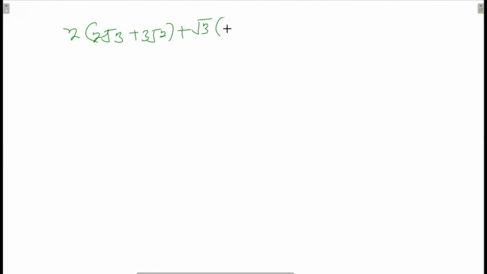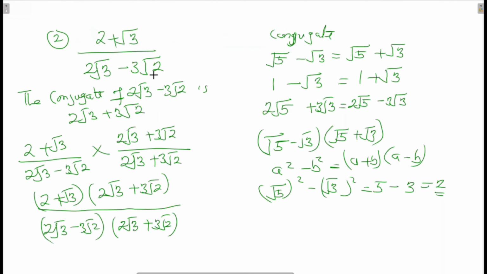It's just the normal expansion we do in algebra. Divided by, if you look at our denominator, it is in the form of a difference of two squares. You have minus and you have plus here. So just say 2 root 3 all squared minus 3 root 2 all squared. That's the fastest way to get it.